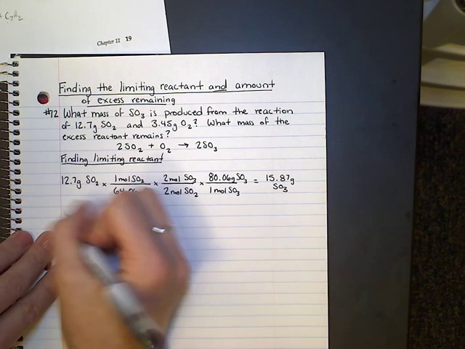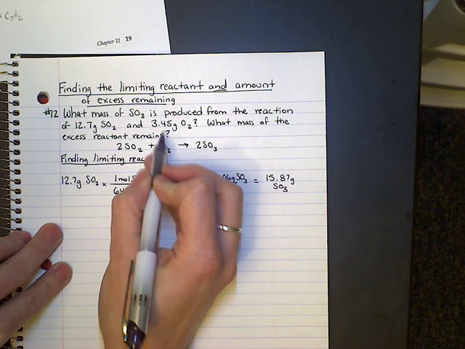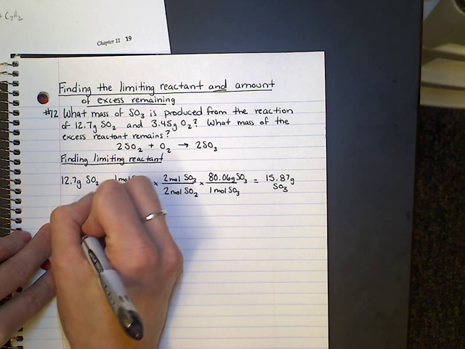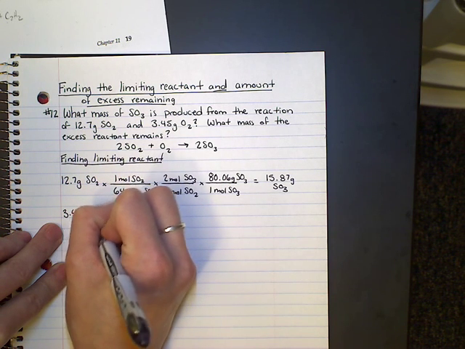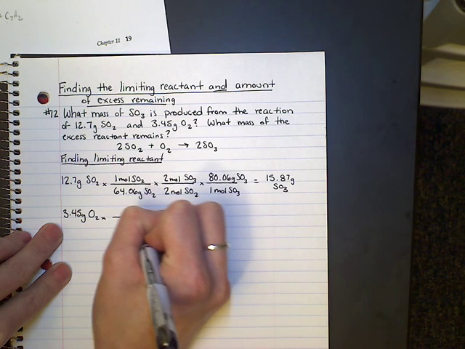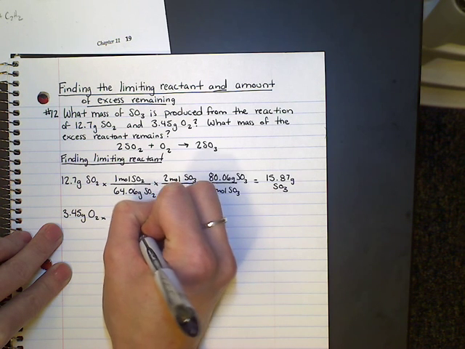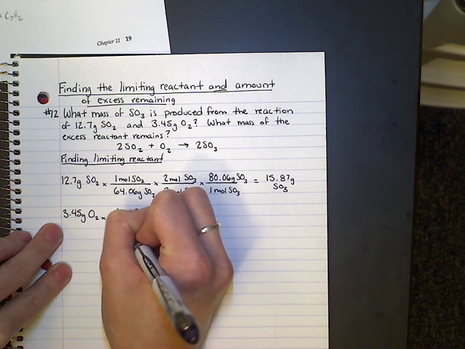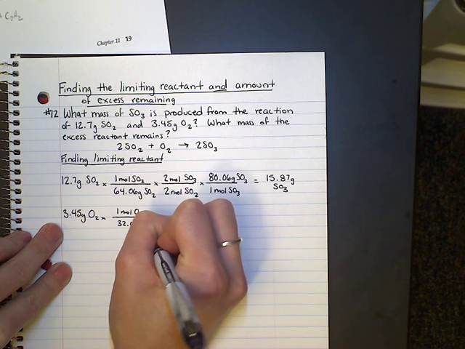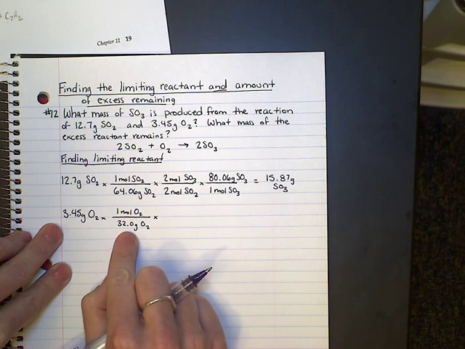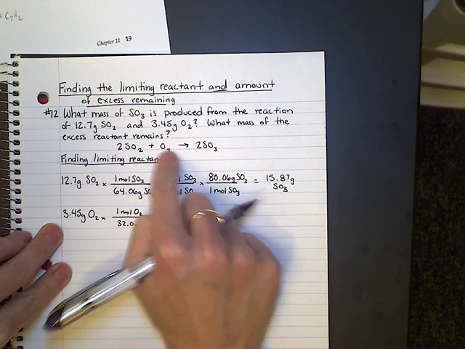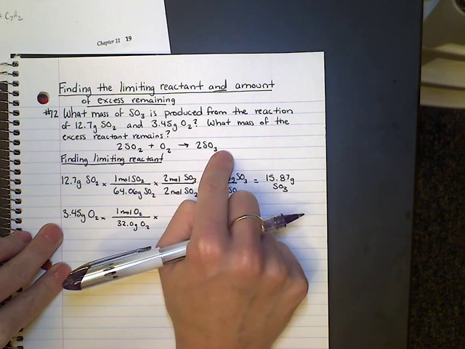On to the next problem, or the next reactant. Now we look at the O2. We have 3.45 grams of O2 to start with, and we're going to turn that into moles. Okay, so this step got us from grams into moles. Now we're going to relate the mole ratio between reactants and products.